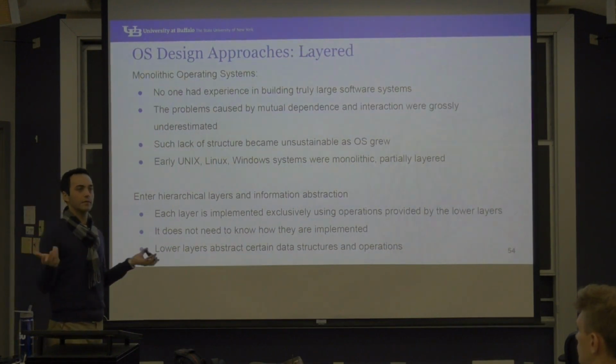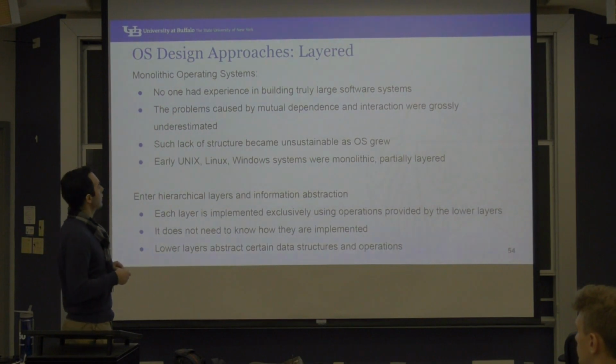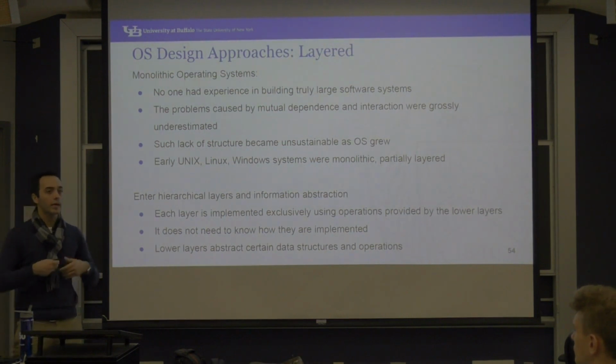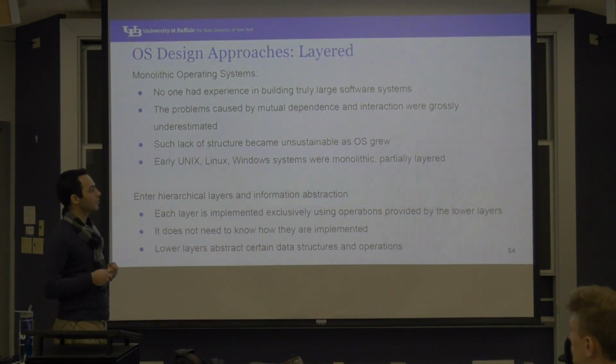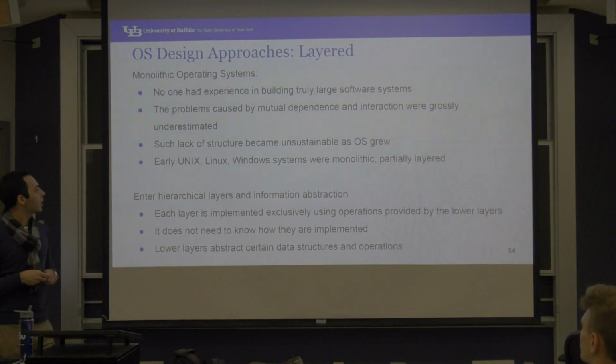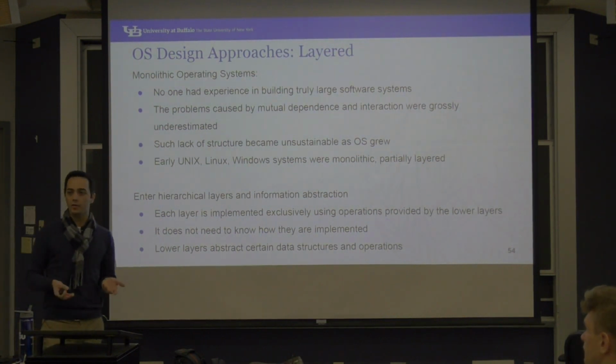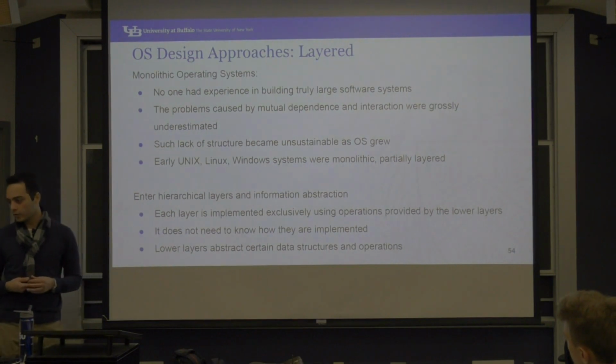Again, they didn't know. They were just like rookies, right? Newbies. Such lack of structure became unsustainable as OS grew, and that's why I think Unix is monolithic. Early Unix and Linux and Windows systems were monolithic, and that's why they crashed a lot, right? Because they were not prepared for such stuff.